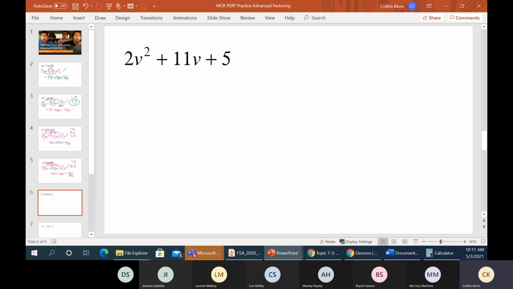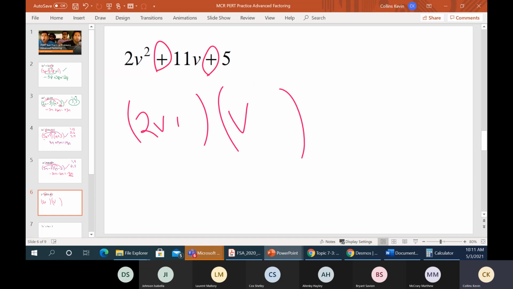Okay, so then this guy. Go ahead and set up here, right? One's got to be a 2n, one's got to be an n. Plus and plus here means plus and plus here. And the only possibility we have here is 1 and 5. So this one really kind of cuts down on the guesswork.